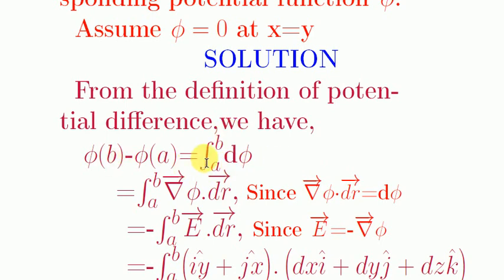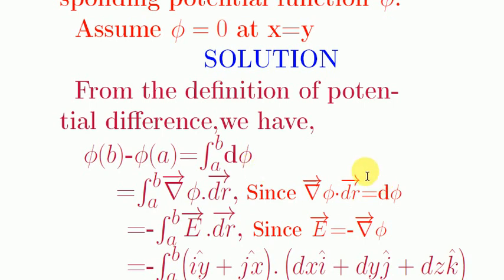This relation gives us the potential difference between 2 points A and B. Phi b denotes the potential at point B and phi a denotes the potential at point A. And phi b minus phi a gives the potential difference between 2 points A and B. Obviously here phi b, that is potential at point B, is greater than potential at point A, and we can write phi b minus phi a equal to integration a to b d phi.